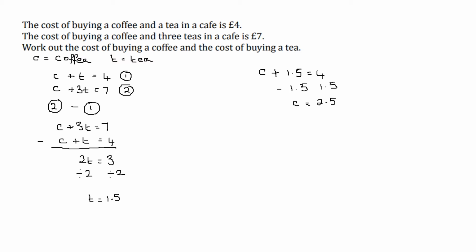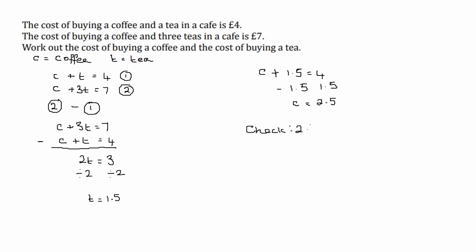Now it's a really good idea to use the second equation, the one that you didn't substitute into, to find your second value, to check that your answers are right. So I want to check that C plus 3T, substituting my solutions in, is going to give me 7, because if it doesn't, then I've done something wrong and I need to go back and check my working.